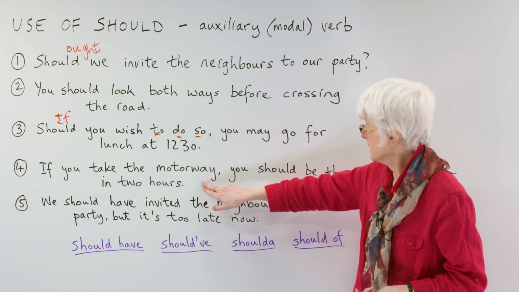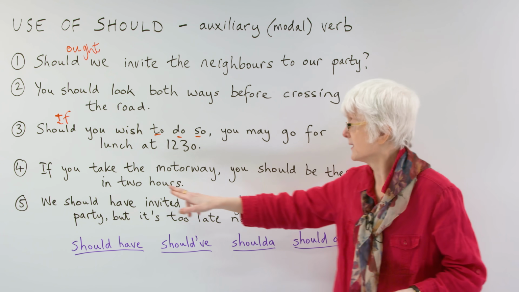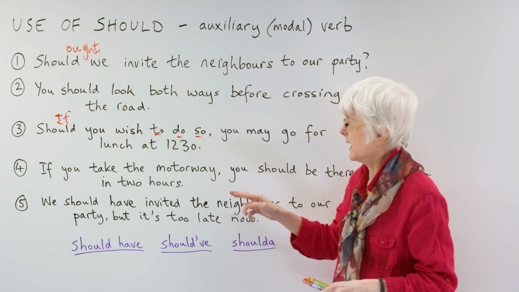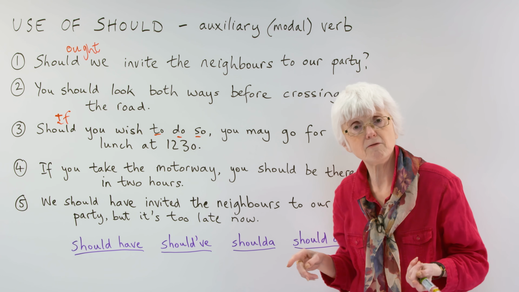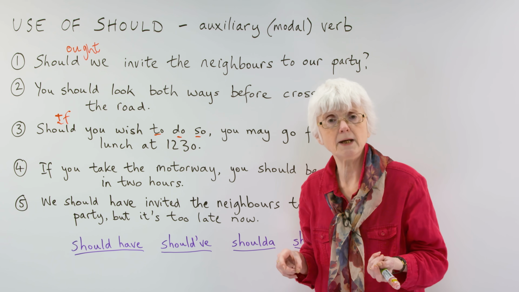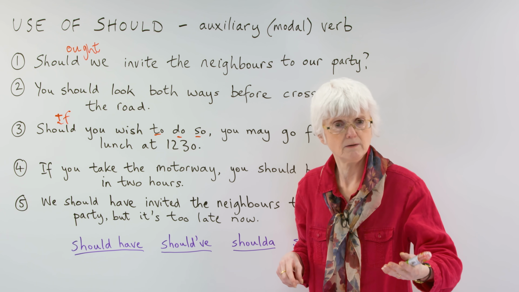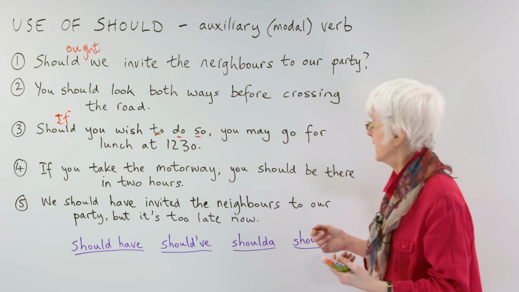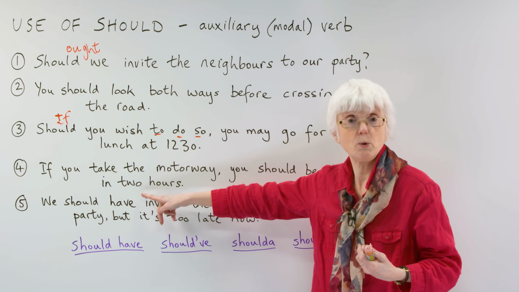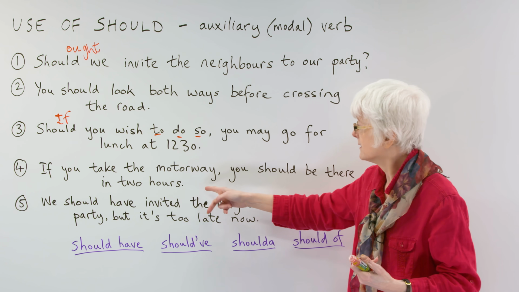Okay, another one. This one begins with if, but it's different from the previous one. So somebody may have been asking, how long will it take me to get to London from here? So you may be 2 hours away by car.